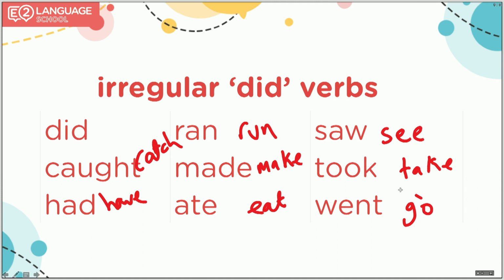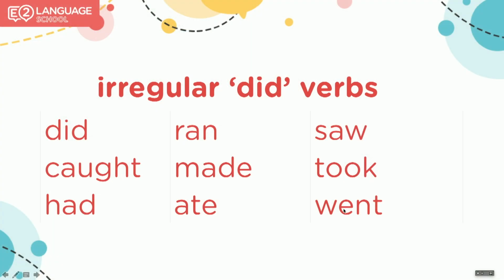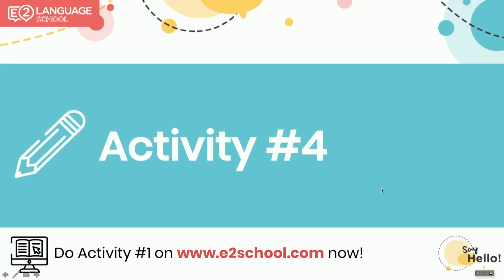So there is no relationship between the do verb and the did verb. They are very different words, and you just have to memorize them. I'm sorry, but you just have to memorize the irregular ones. There's no pattern.